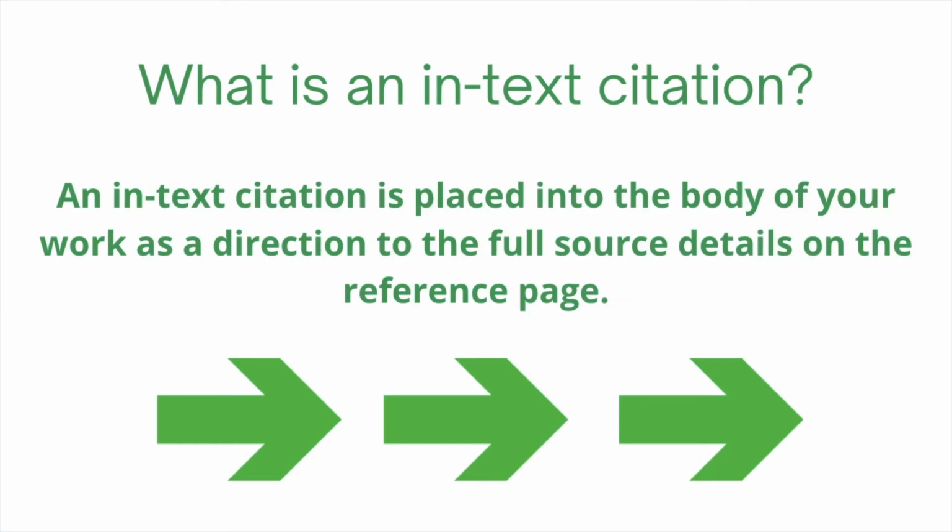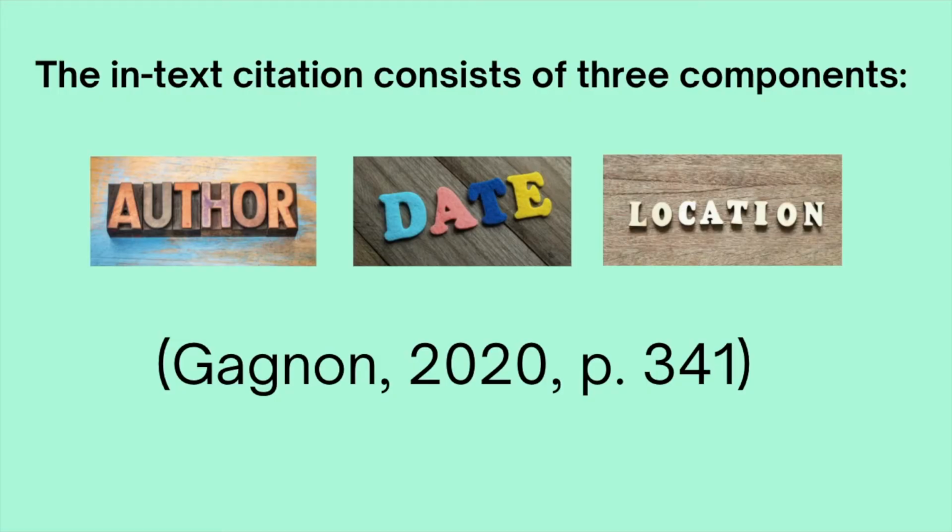What is an in-text citation? An in-text citation is placed into the body of your work as a direction to the full source details on the reference page. The in-text citation consists of three important components: the author's last name, the year in which the publication was published, and the location of the quote that we're using or the information we're paraphrasing within the text.